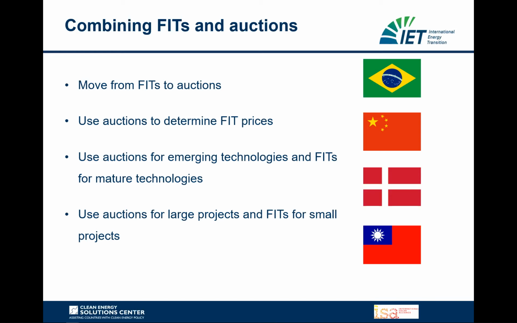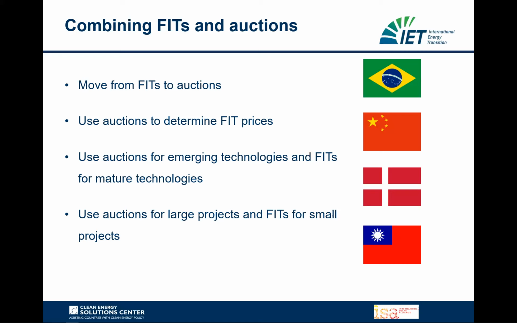And therefore you could say, for this type of technology, we want to run a number of auctions to get some cost data, and then we can fix a feed-in tariff later based on these data. Whereas for normal ground-mounted solar PV, we already have enough data. We know more or less what the costs are, and we're able to fix a feed-in tariff.